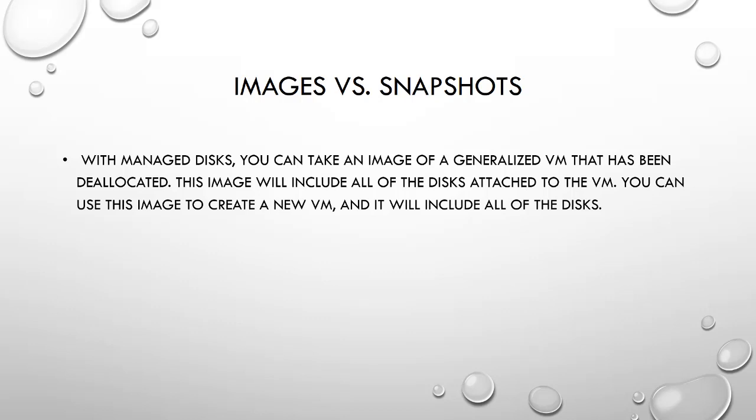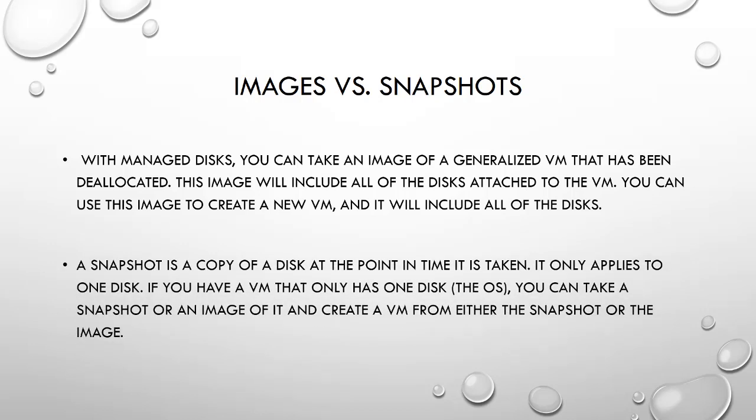This is an image that will include all of the disks attached to the VM. So if you have 1, 2, 5, or 10 disks attached to this VM, they will all be imaged, and a new VM can be created out of that image.